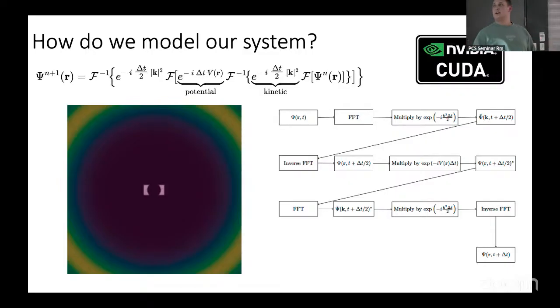So I have a question about this split-step method. When you Fourier transform the kinetic part, then you propagate, and then you Fourier transform back, I mean Q space in K space, right?